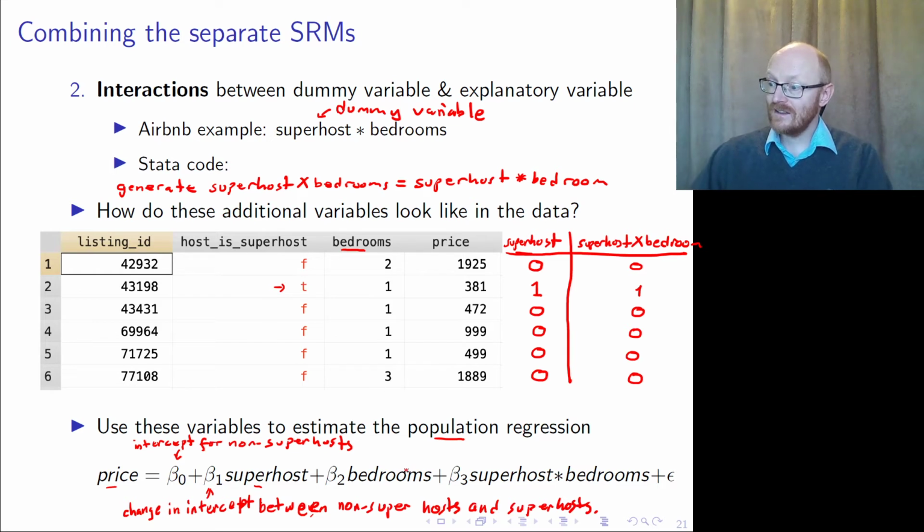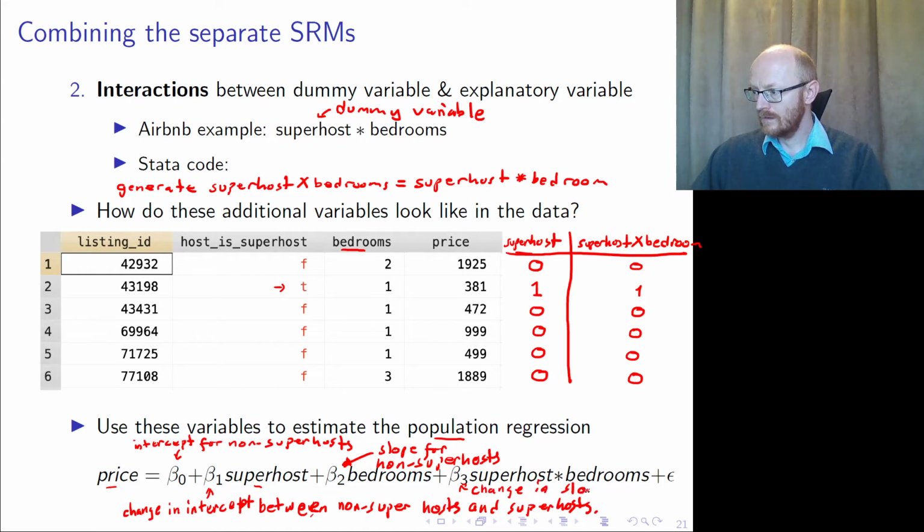Okay, and the same logic applies to the slope here, the slope on bedrooms, which is the slope for non-superhosts, and beta 3 is the change in slope.